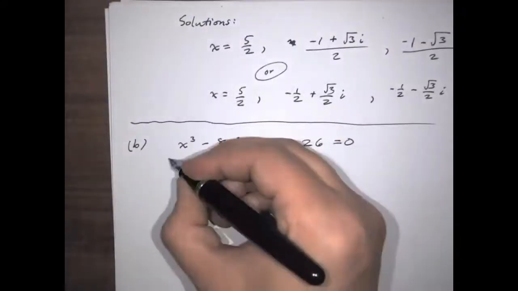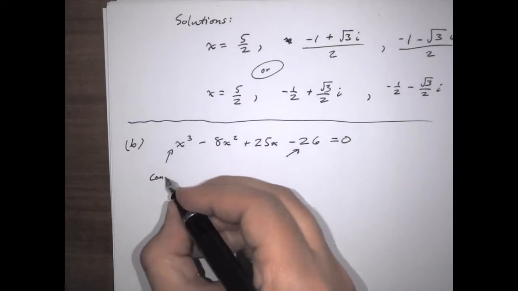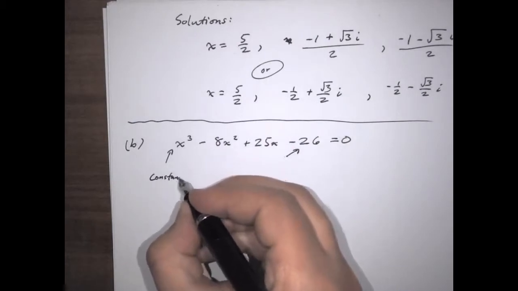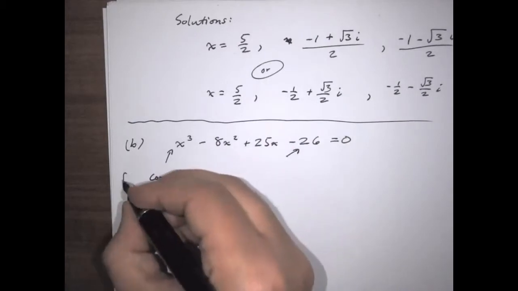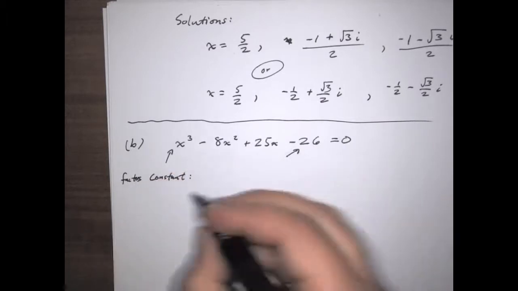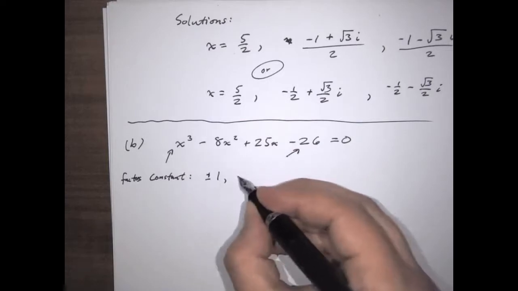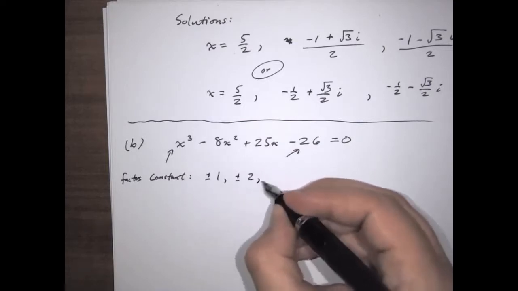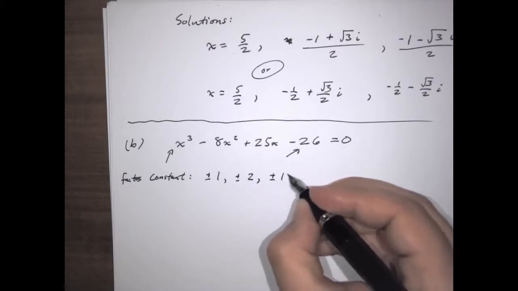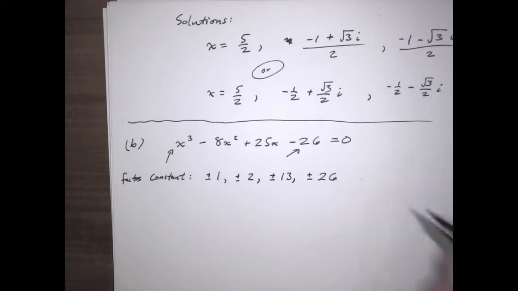So here, if we look at the leading term and the constant term, we are interested in the factors of each. So factors of the constant would be plus or minus 1, plus or minus 2, plus or minus 13, and plus or minus 26.